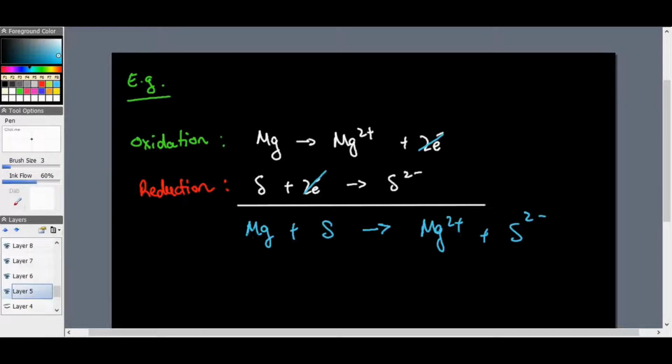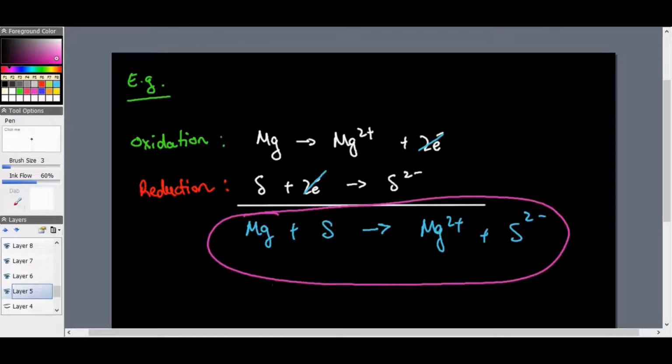Which substance in this reaction was reduced? I know, sulfur. Sulfur was reduced. It was S and became S2-, so it must have gained 2 electrons. So sulfur is my oxidizing agent. However, what's my reducing agent?